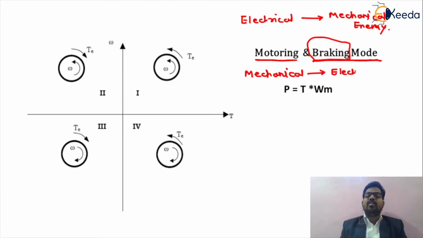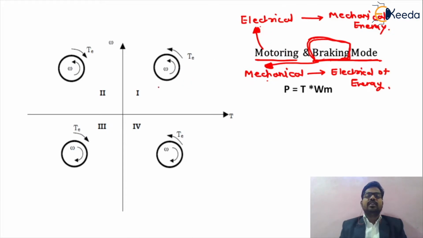This is a very important and fundamental concept of electrical drives. So this is in concern with the motoring operation and this is in concern with the braking operation. Sometimes we call the braking mode a generator. This will be treated as a motor, and this will be called braking.